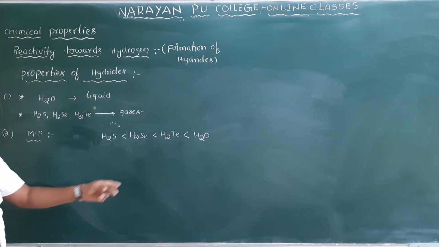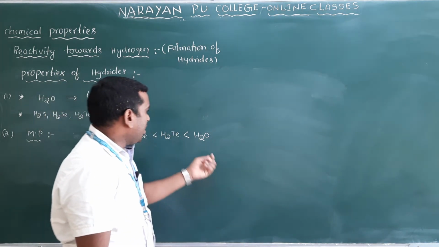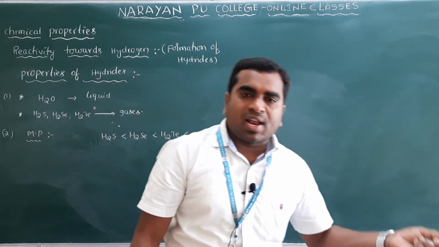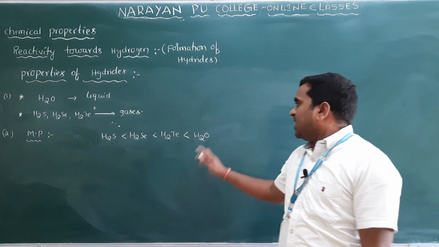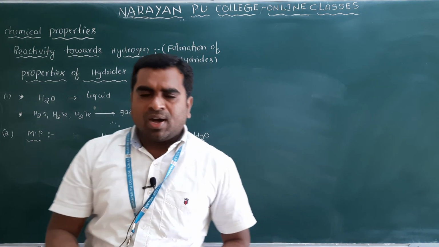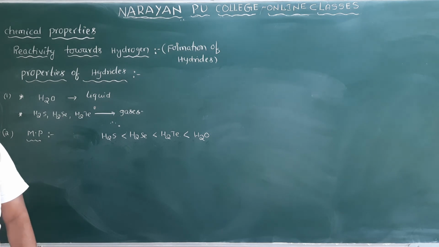Clear? Why? You already know, we previously discussed for NH3, that a strong intermolecular hydrogen bonding exists in the water molecule. So the water molecule can form hydrogen bonding, and that's why it will have the highest boiling point.